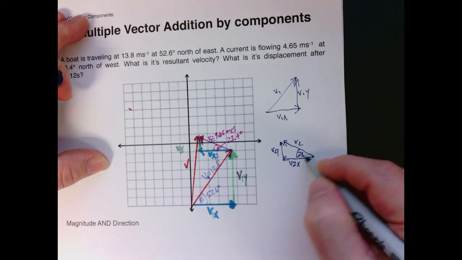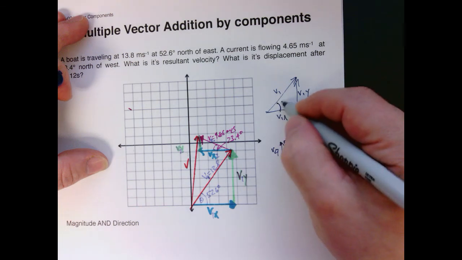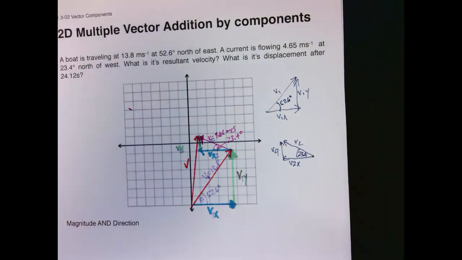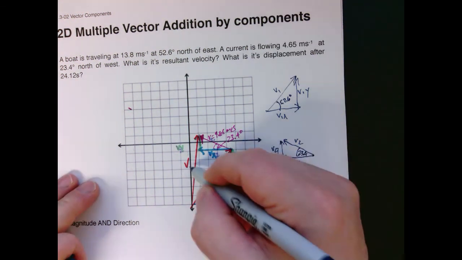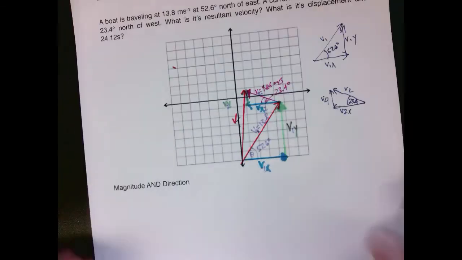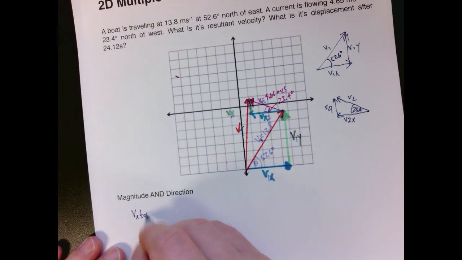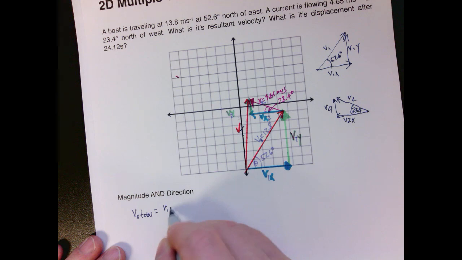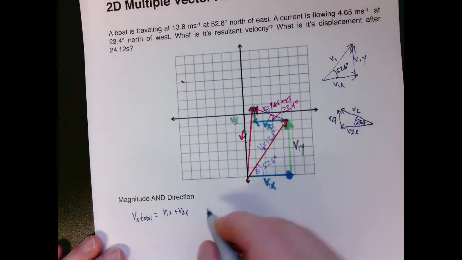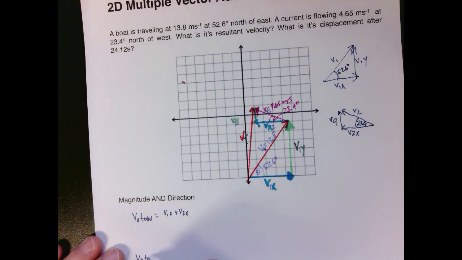This is 23.4, and this is 52.6, like so. And then we've got our v total. Algebraically, vx total is v1x plus v2x, and vy total is v1y plus v2y.